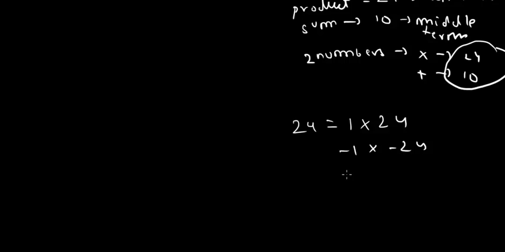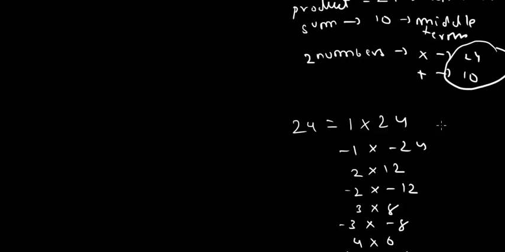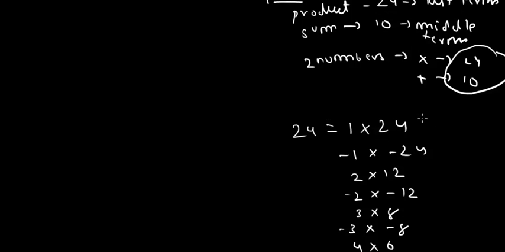They could be 2 into 12 or minus 2 into minus 12, 3 into 8, minus 3 into minus 8, 4 into 6, minus 4 into minus 6. So we have 8 options here with us, and all of them have 24 as their product. All of them. The second condition is crucial.